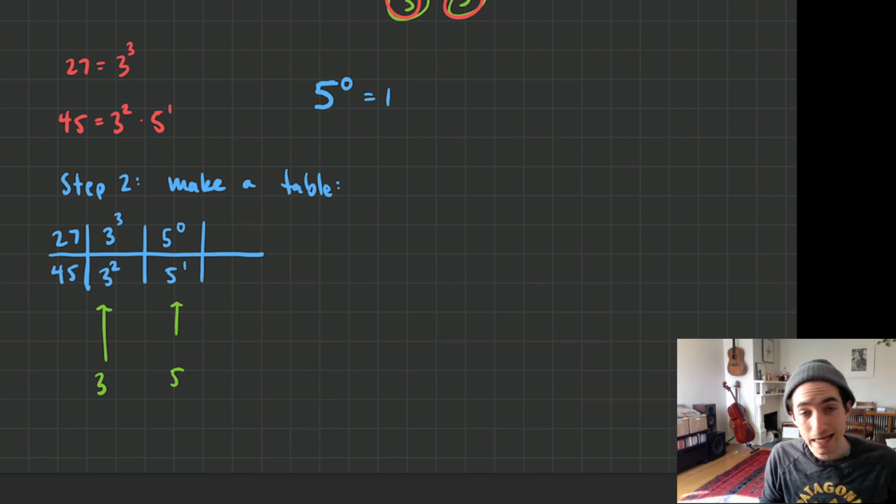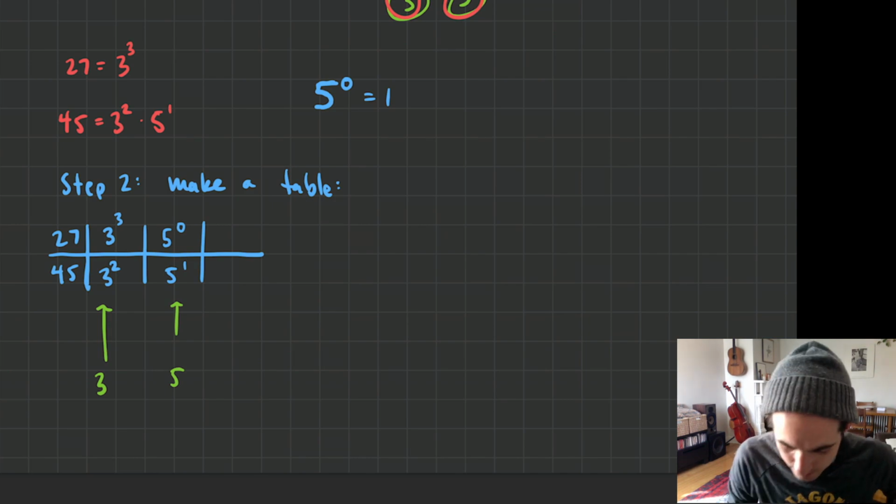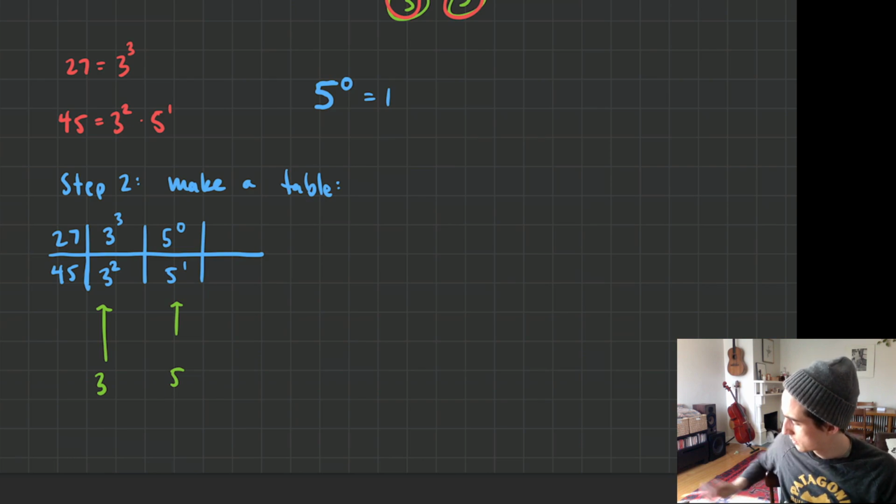In fact, it can mean anything you want it to. That's kind of an abstract idea, but it is something you deal with in calculus. We're not in calculus right now, so we're going to ignore 0 to the power of 0. We are going to look at 5 to the power of 0, or any prime number to the power of 0. That's just equal to 1.